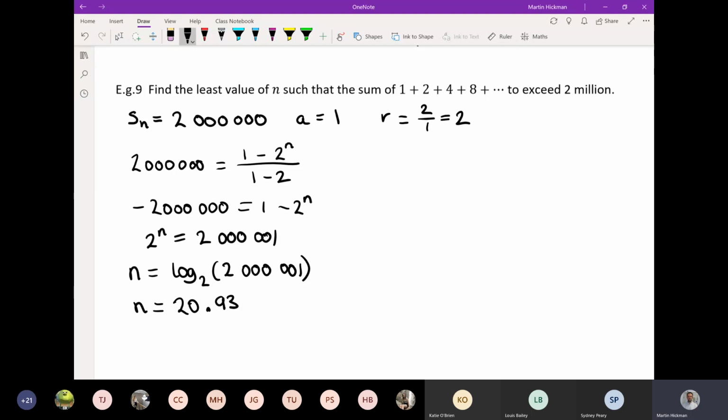And we really don't want to just use trial and error here, especially with a form like this. You don't want to keep just putting in numbers for n. So do use the logs, do it the systematic way. Don't just rely on trial and error here. So the least value of n is 21.